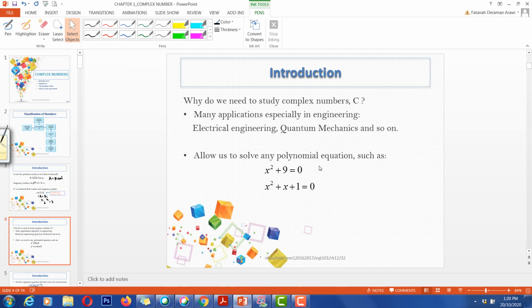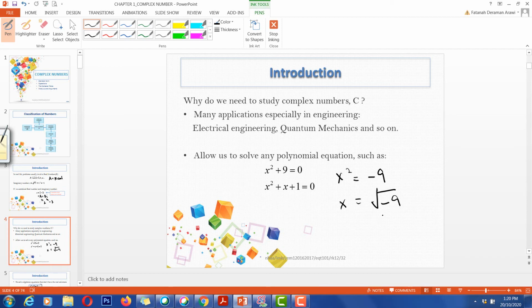This number is very important to electrical engineering, quantum mechanics, and so on. And then we can solve polynomial equations such as x squared equals negative 9. So what we have is the square root of negative 9. What is the square root of negative 9?